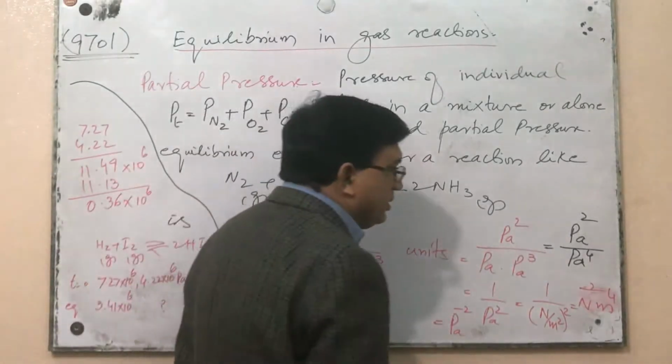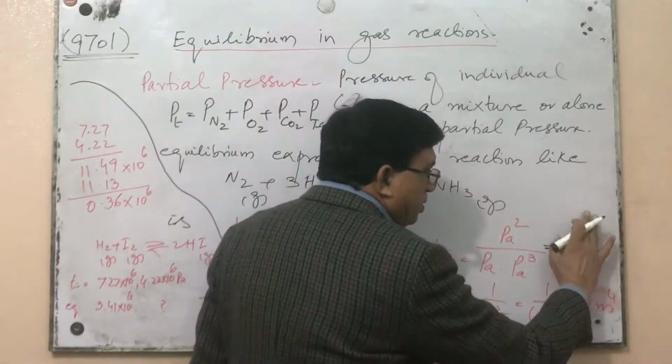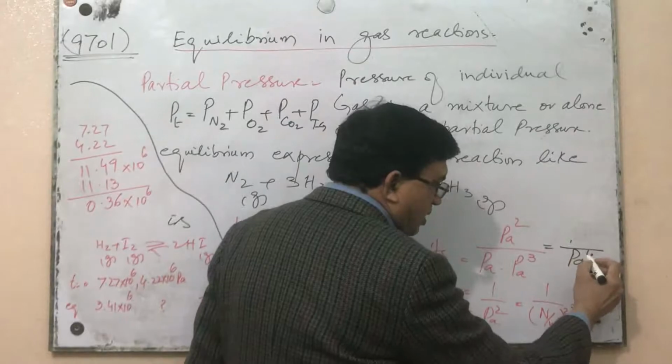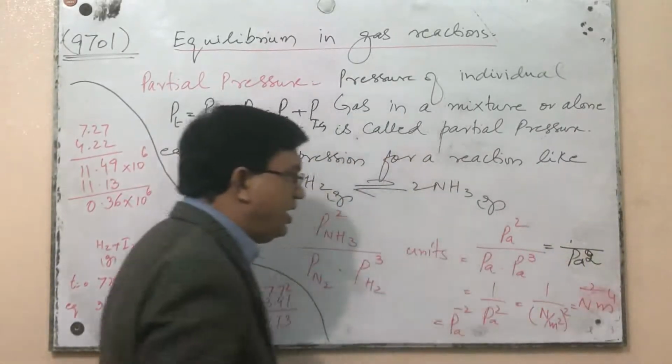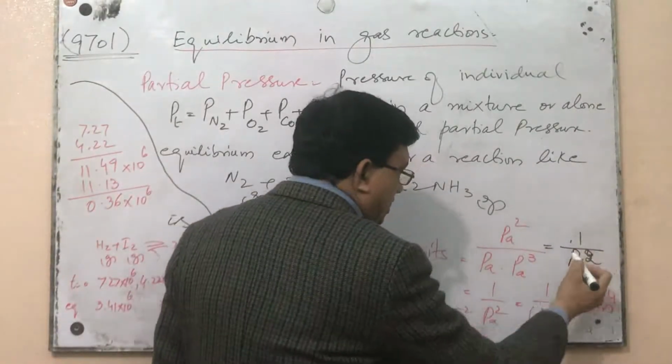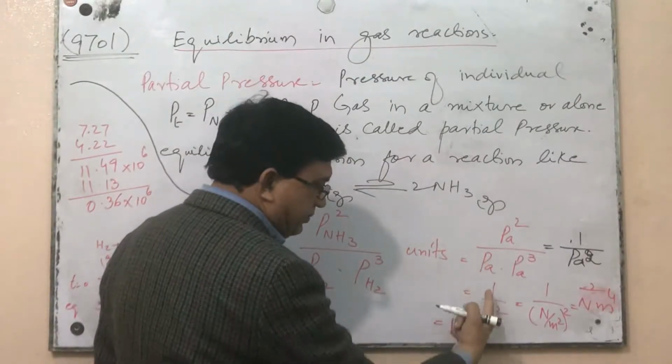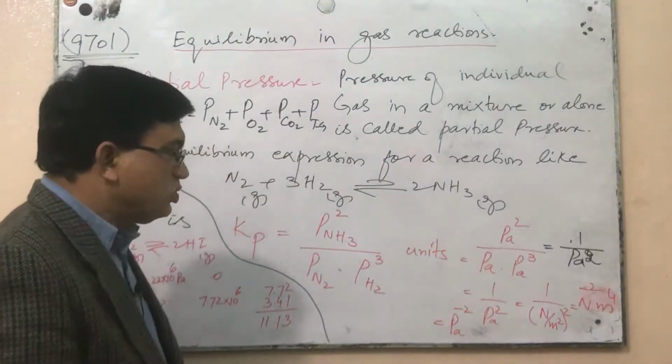It means that the power 2 will cancel out and only power 2 will be left behind. That can be written as 1 over Pascal squared.